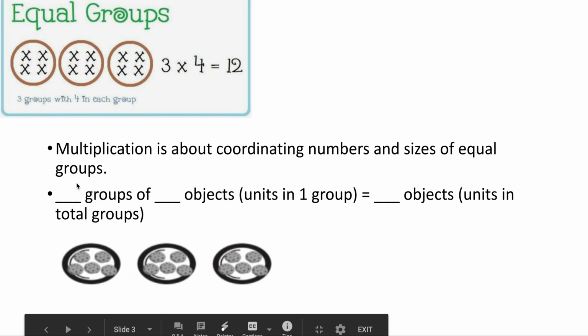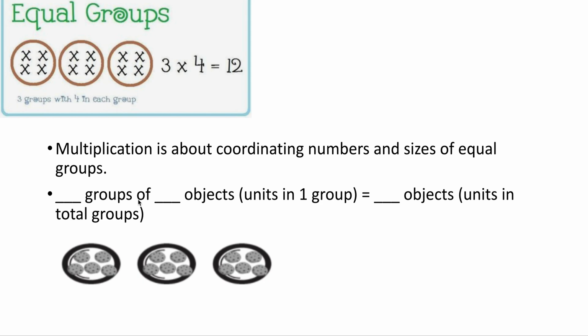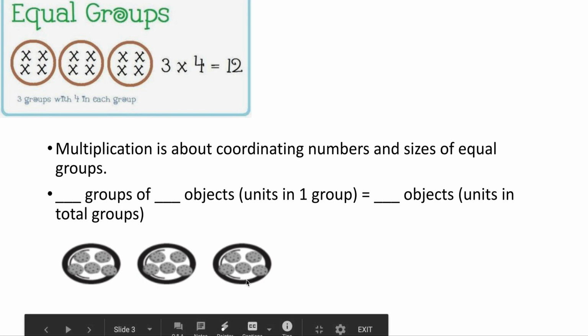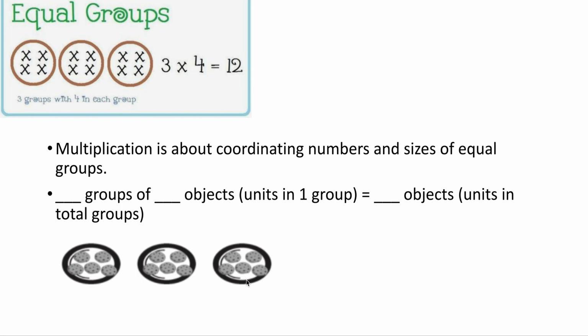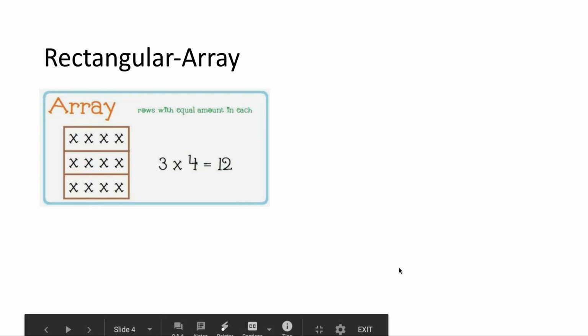So we can say 3 plates of 5 cookies is equal to how many cookies, right? So the units here and there are exactly the same. So you can add 5 plus 5 plus 5. So you can connect this to the repeated addition there, right? So we get 15 cookies.